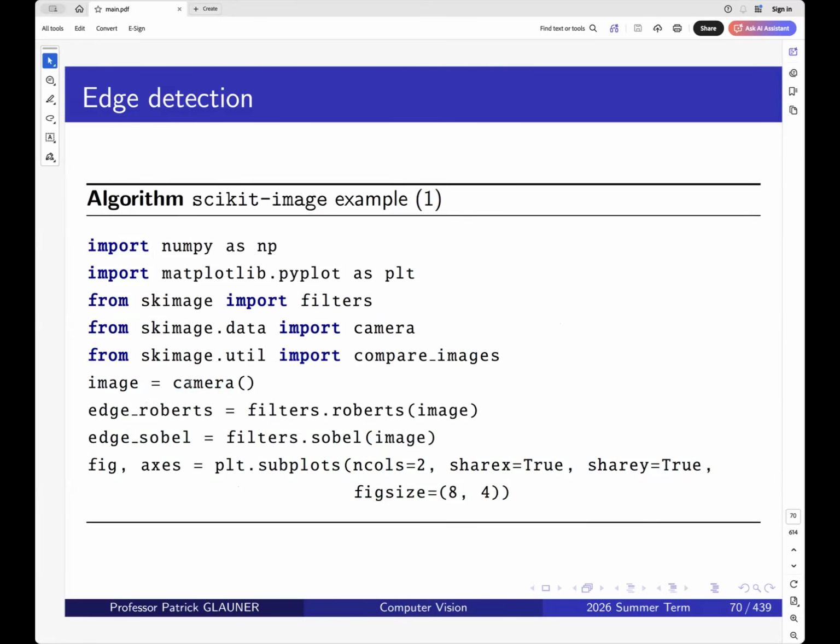Camera is an image. It's not the camera of your computer, and you will see this image in a moment. Then you can apply different filters to your image, like the Sobel operator. There's also the Roberts operator and others. And you can use matplotlib for the visualization of all of this.